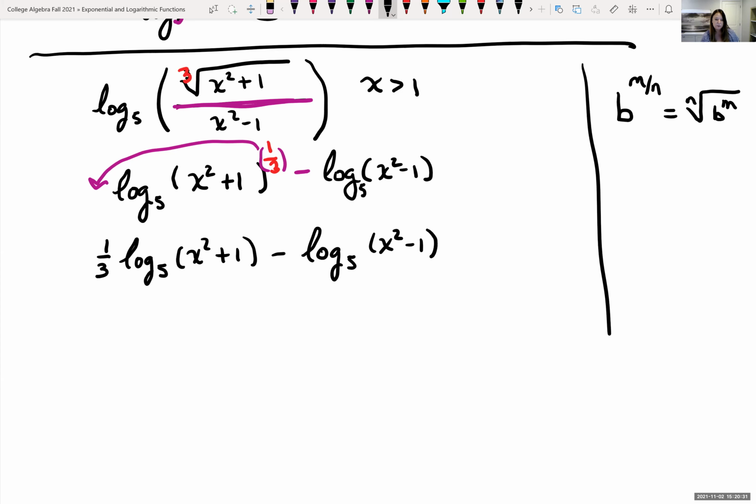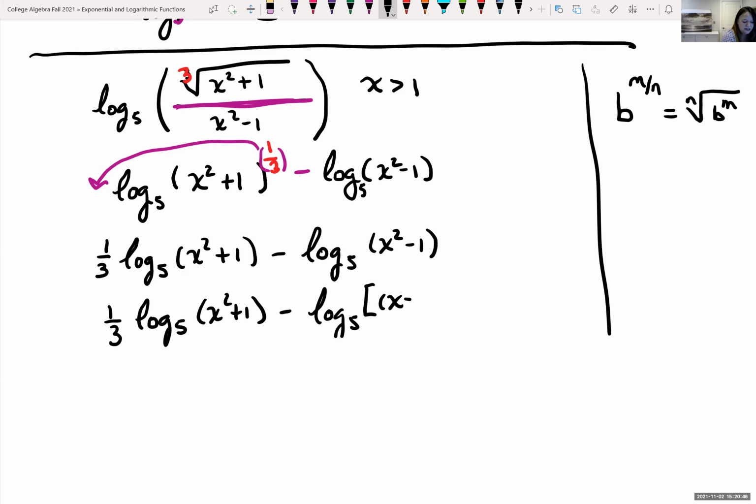I noticed that x squared minus 1 factors, so we could technically rewrite that. So 1/3 log base 5 of x squared plus 1 minus log base 5 of x minus 1 times x plus 1.